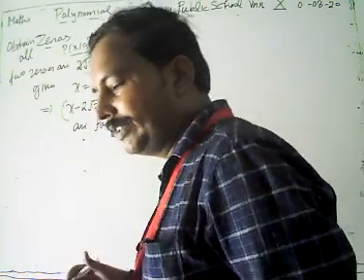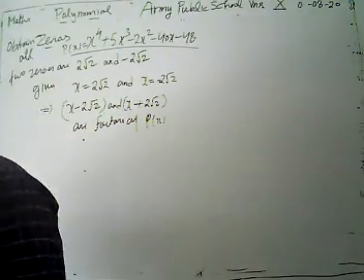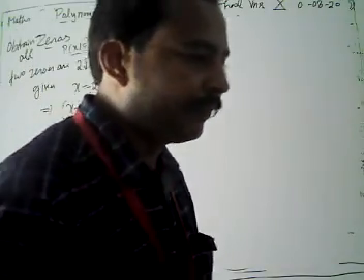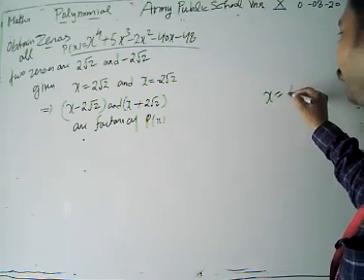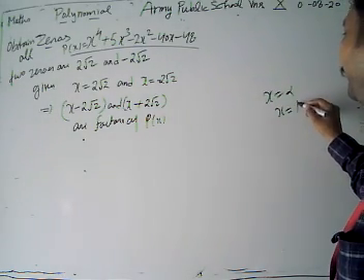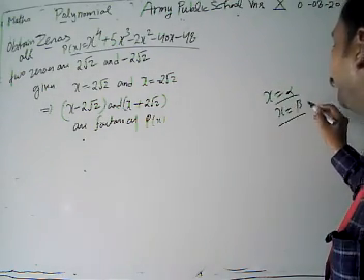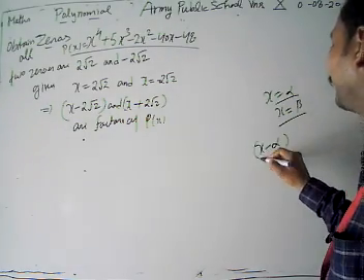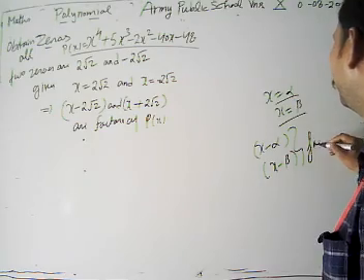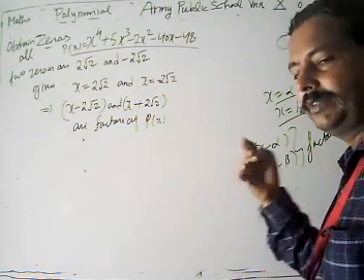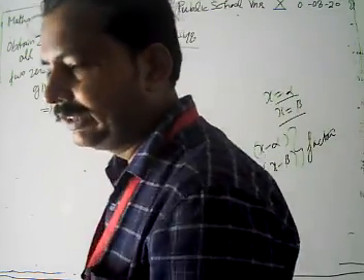Please go back to your class 9 concept. If x equal to alpha or x equal to beta are zeros of the polynomial, then x minus alpha and x minus beta are factors of the polynomial.